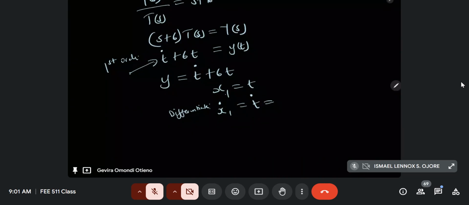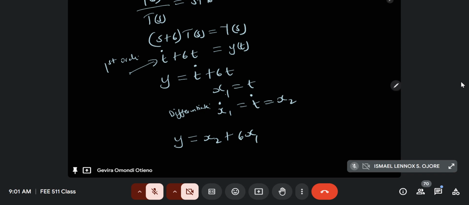Because this is the same system, so we cannot run away. The state variables are similar. So derivative of t is x2. So therefore, I can rewrite the equation and say y equals the derivative of t, which we know is x2, plus 6t, which is 6x1, because t is x1.